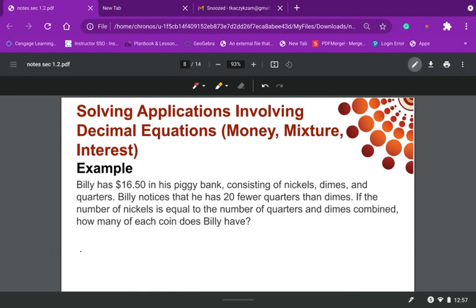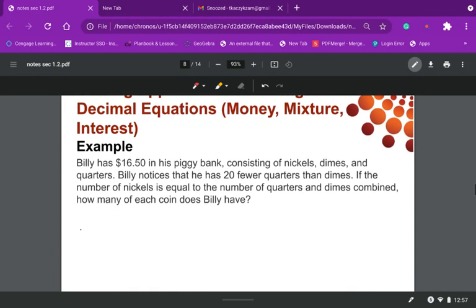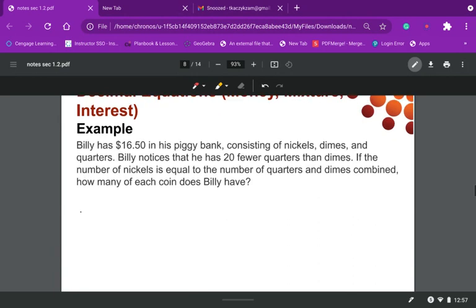So next one is solving application involving decimal equation, money mixture, and interest problems. So here, this is the example which we're going to cover. Billy has $16.50 in his piggy bank, consisting of nickels, dimes, and quarters. Billy noticed that he has 20 fewer quarters than dimes.